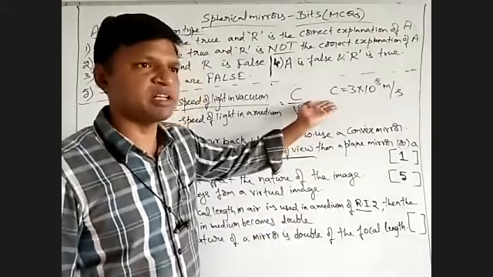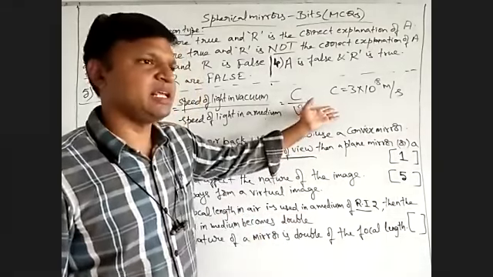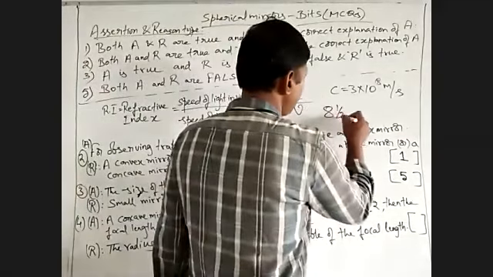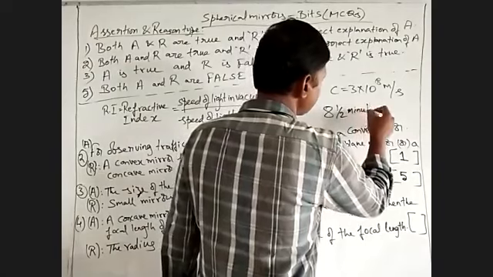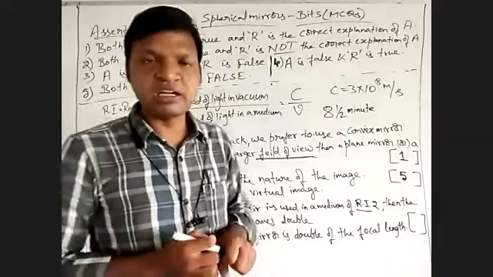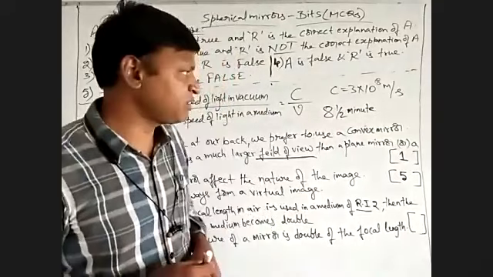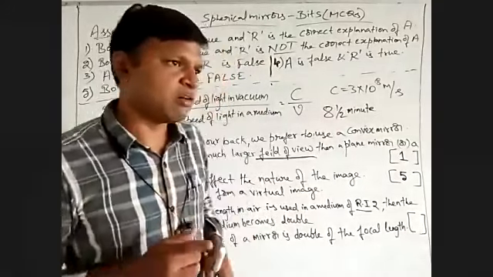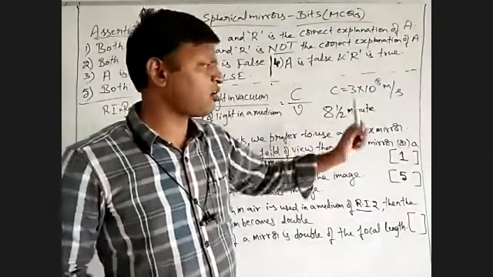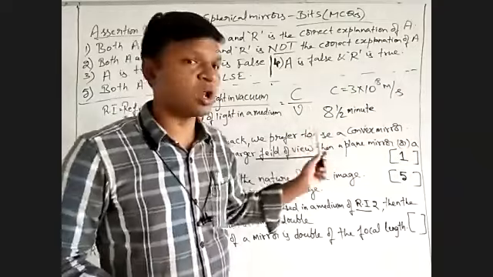As it has that much speed, a light ray takes only 8.5 minutes to travel from the sun to the earth. For your information, the time taken by a light ray to travel from sun to earth, 8.5 minutes, we call a solar minute.